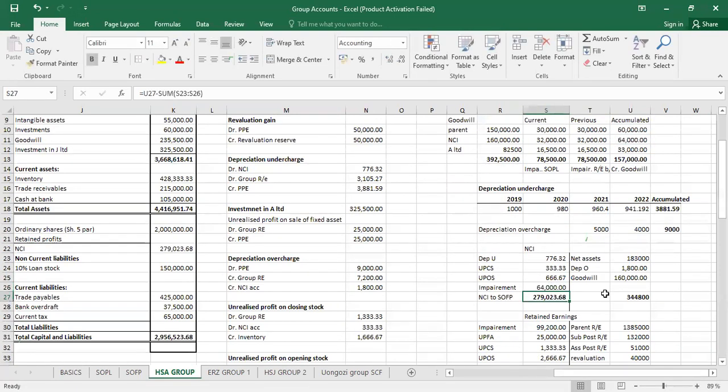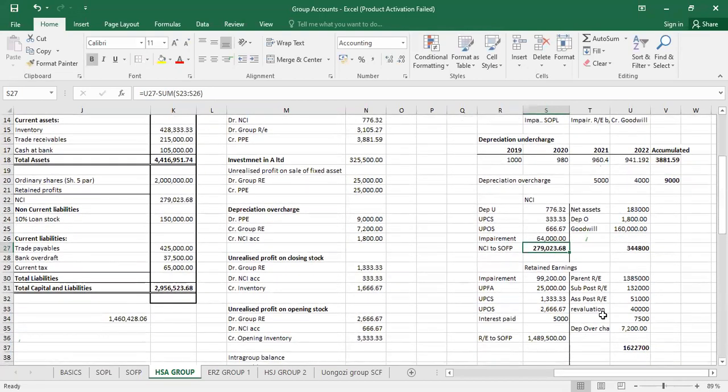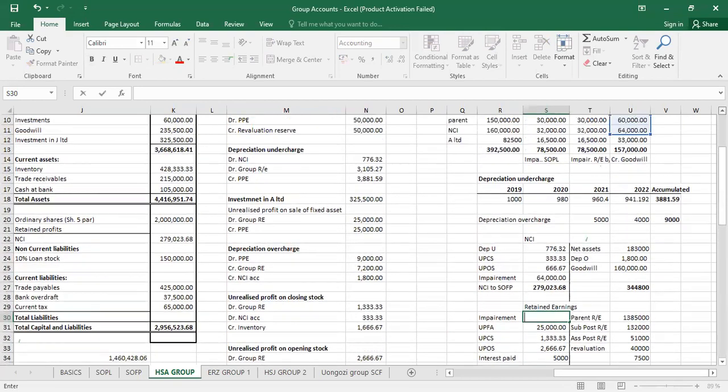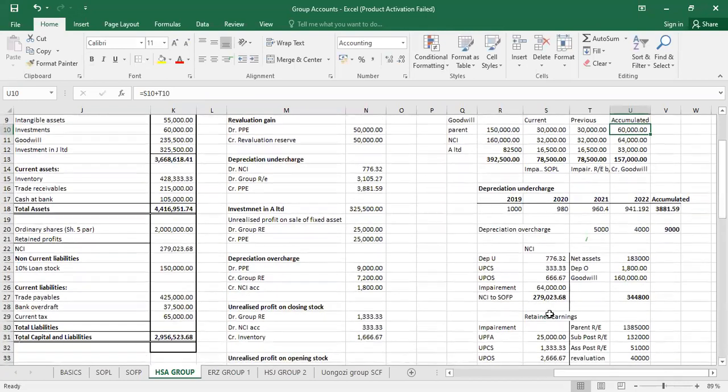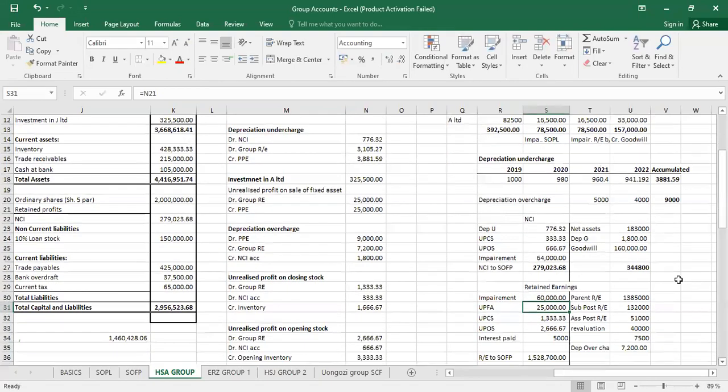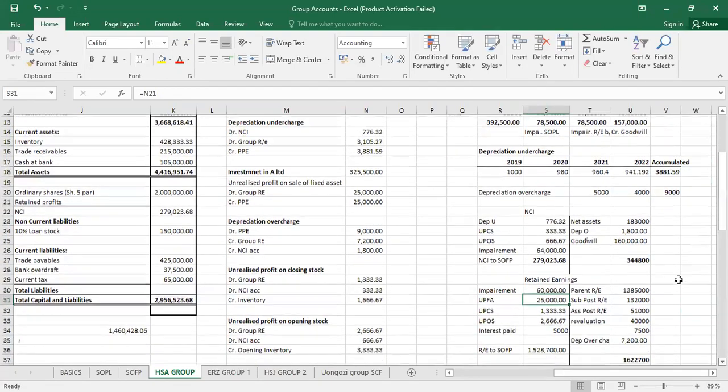I don't do percentage. Now to retained earnings, I'll take the impairment here. I take only the impairment of the parent, isn't it? Not plus the NCI, because the NCI I've already taken it, the 64 here, I've already considered it there, so I'll take this one, isn't it? And it is something automatic.